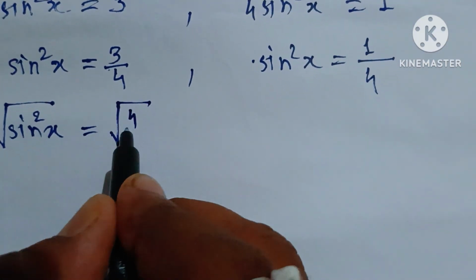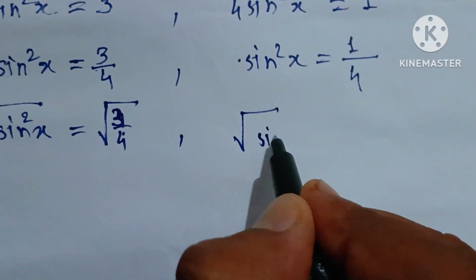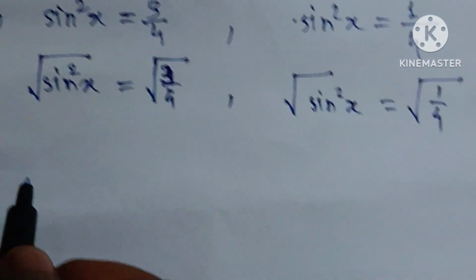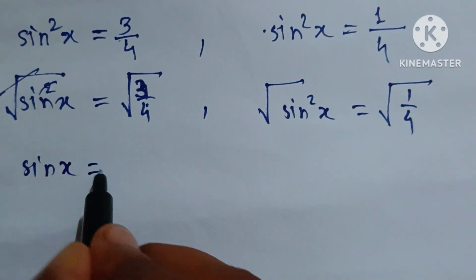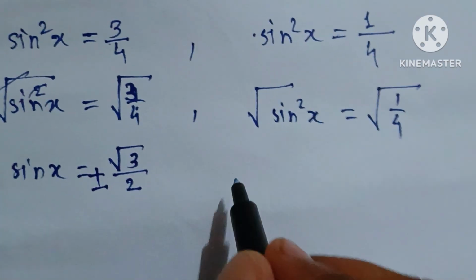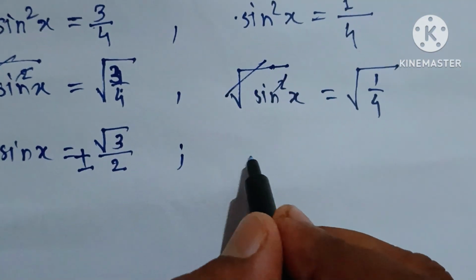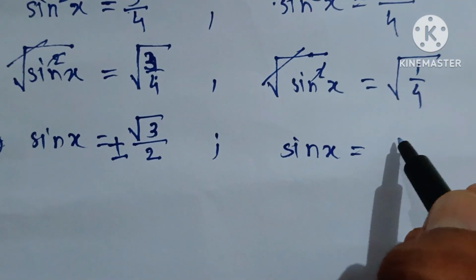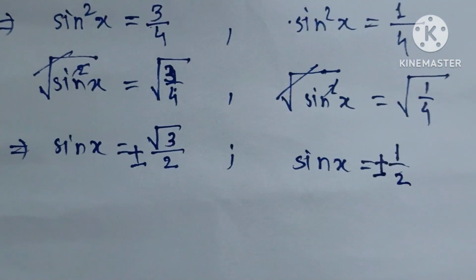Taking the square root, sin x equals plus minus root 3 upon 2, and the square root of 1 is 1 and the square root of 4 is 2, so sin x equals plus minus 1 by 2. So we get the values of sin x.